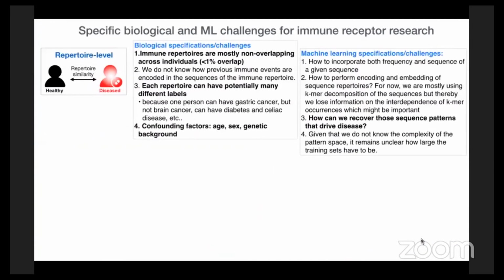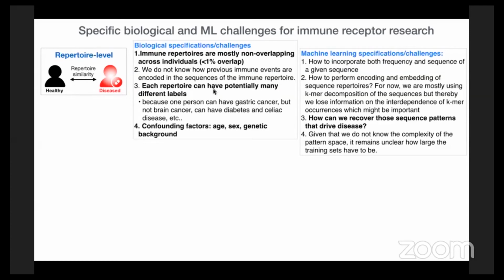And just to catch up or to summarize the main challenges we are facing that are also interesting for the machine learning community: immune receptors, I told you, per individual repertoire, we have 10 to the 7 to 10 to the 9, and they're mostly non-overlapping across individuals. So every one of us has a unique fingerprint of immune repertoires.